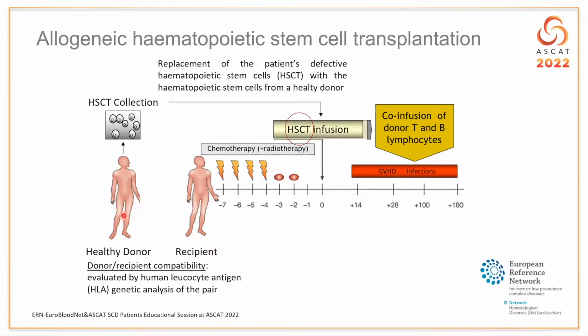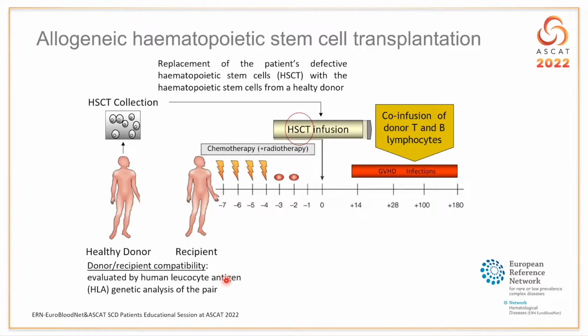And the availability of a donor is regulated by a set of genes, so-called human leukocyte antigens, that regulate the compatibility between a patient, the recipient, and his donor.